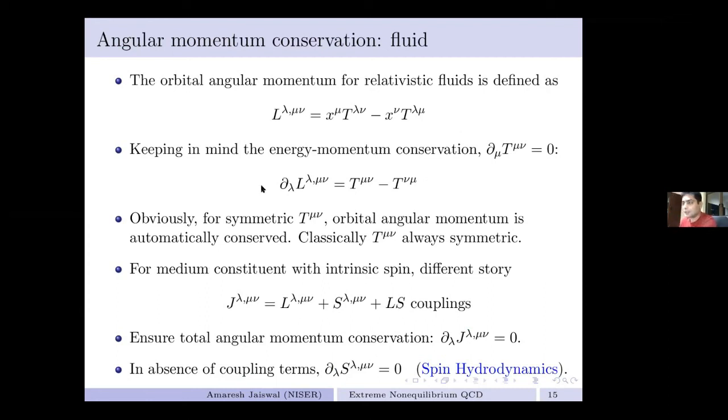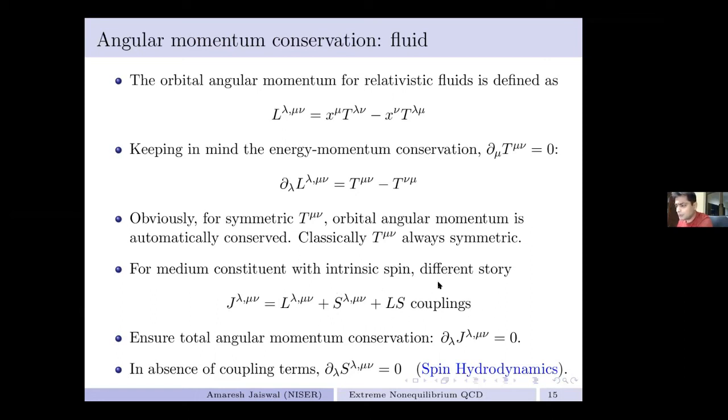So let me go to the slide again. I said that if the energy-momentum tensor T mu nu is symmetric, then the orbital part of the angular momentum is automatically conserved. d lambda L lambda mu nu is just the antisymmetric part of T mu nu. But since T mu nu is symmetric, which is classically always true, this is conserved. Now for the total angular momentum, J is the orbital part, the spin part, and some LS coupling.